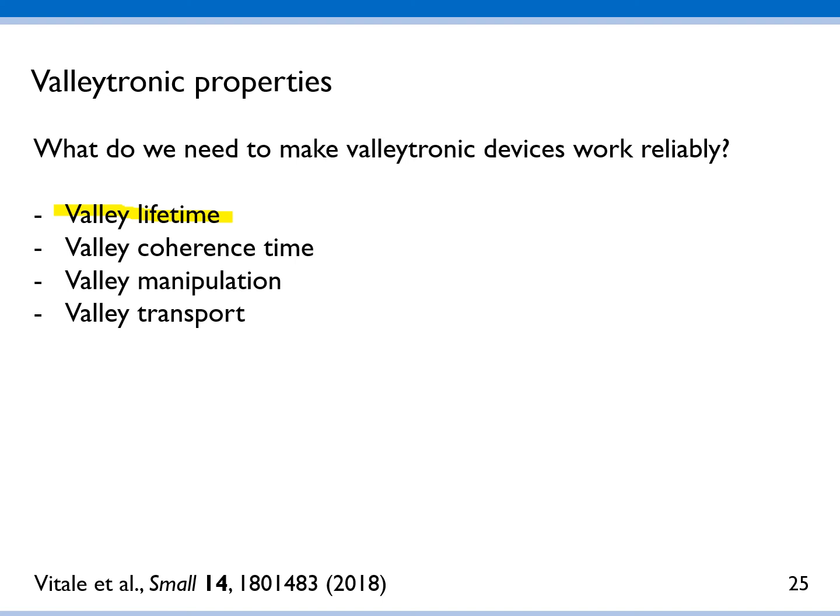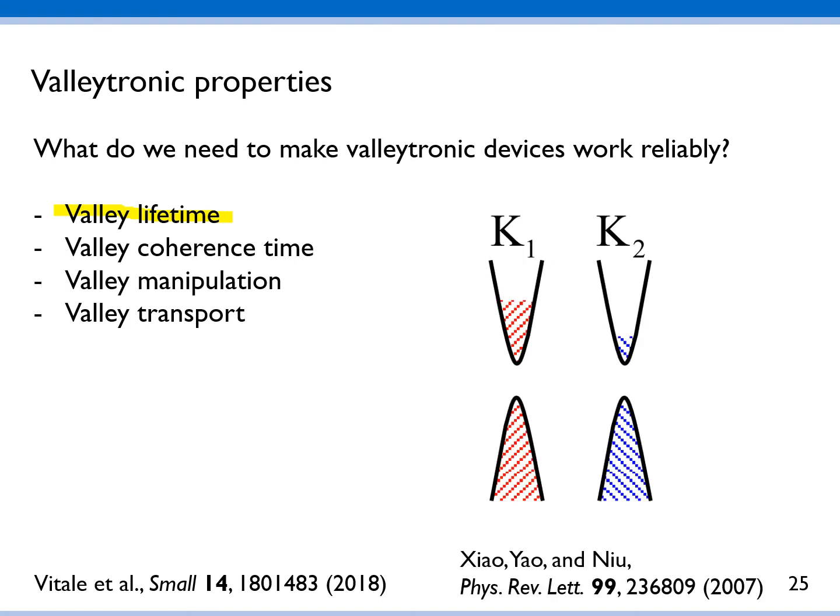For example, if we shine light of sigma plus circular polarization on our sample and we accumulate particles in the K1 valley, the Valley lifetime tells us for how long they are going to stay in that K1 valley before they scatter to the K2 valley. This Valley lifetime is very important because all reliable Valley processing and manipulation operations have to take place within that lifetime. So ideally, our Valley lifetime would be as long as our particle lifetime.